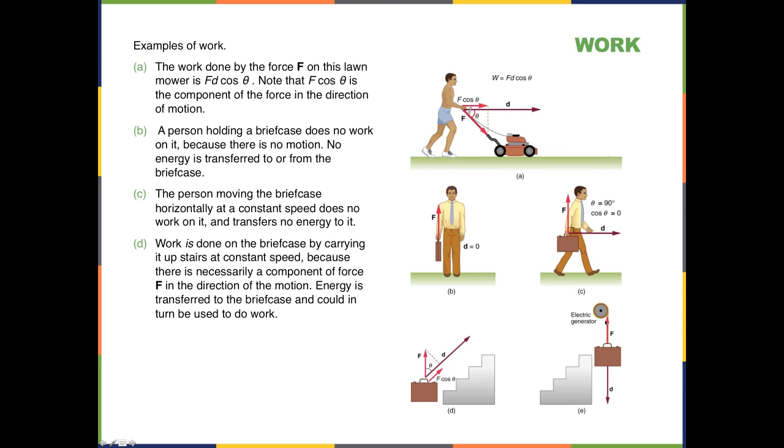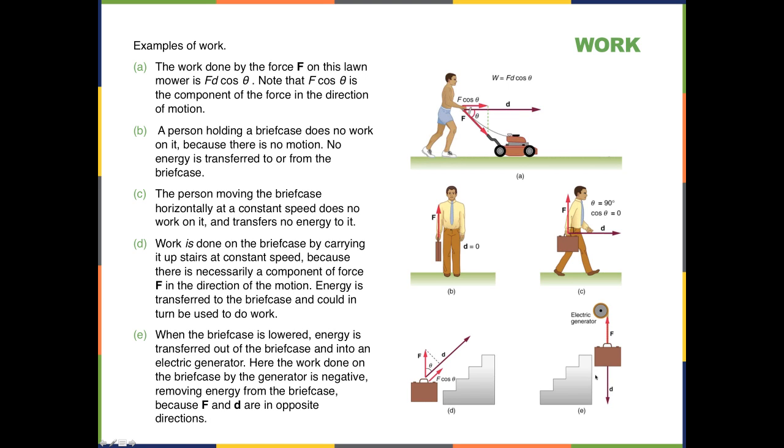Lastly, you have a situation where the force is exactly opposite the displacement vector. When this briefcase, starting up here, is lowered, the energy is transferred out of the briefcase and into the generator. Here the work is done on the briefcase by the generator, but because it's in the opposite direction of the displacement, the work being done is negative.